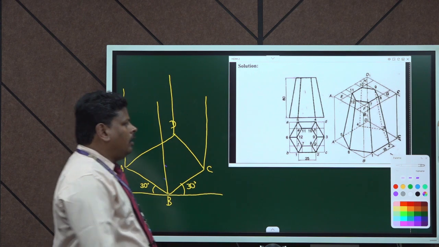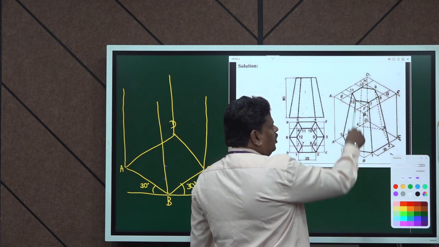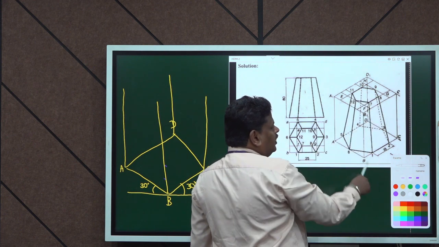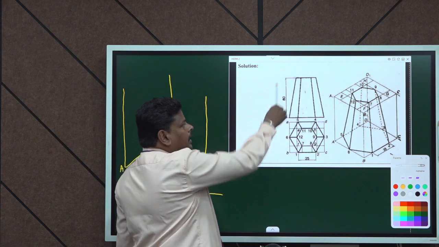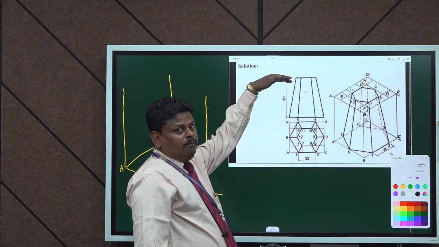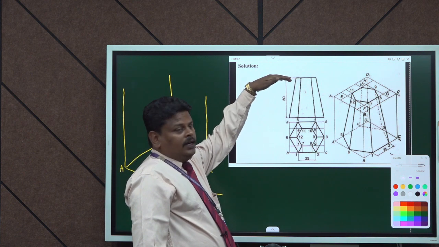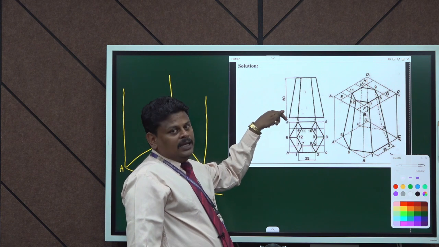So when we draw from these points A, B, C and D to a height of 80 mm as given in the problem, they have already given that the place where the horizontal cutting plane cuts the solid is at a height of 80 mm from the base.